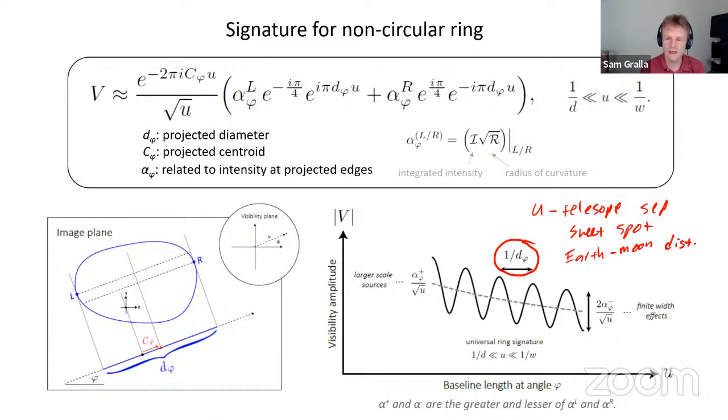And if we could see this wiggle, it turns out, and this is a really nice thing that the Johnson et al. paper worked out in a simple model, and I worked out in full generality following them, that turns out to tell you the diameter of the ring. So you wouldn't get a picture of a ring, but you would get an angle-dependent diameter of the photon ring.